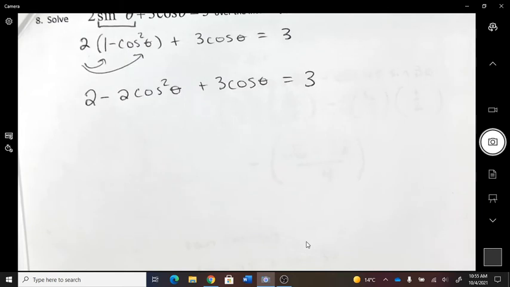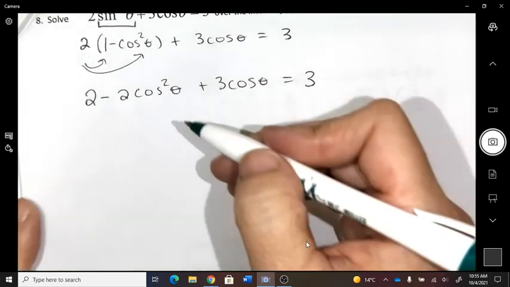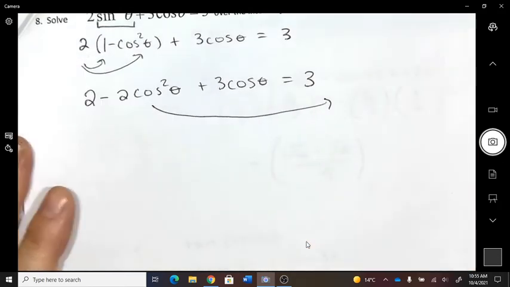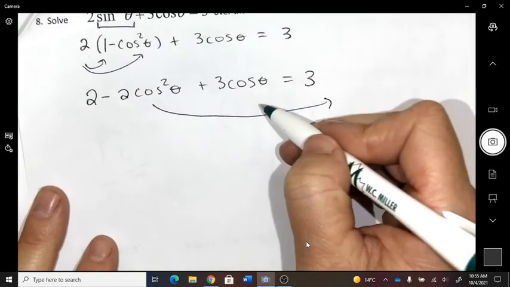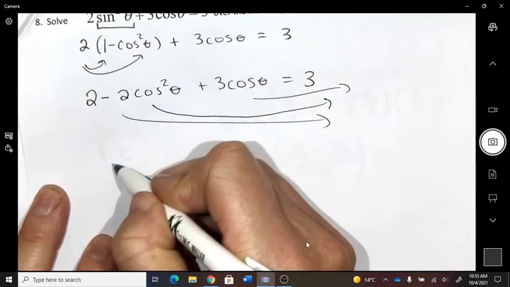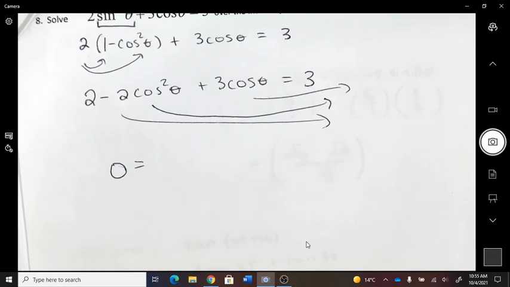okay, so at this point, I hope you can recognize quadratic equation, right? So I'm going to go on one side and zero out the other. I don't like factoring with negatives, so I want to end up with that over there. So I'm just going to be moving everything right.